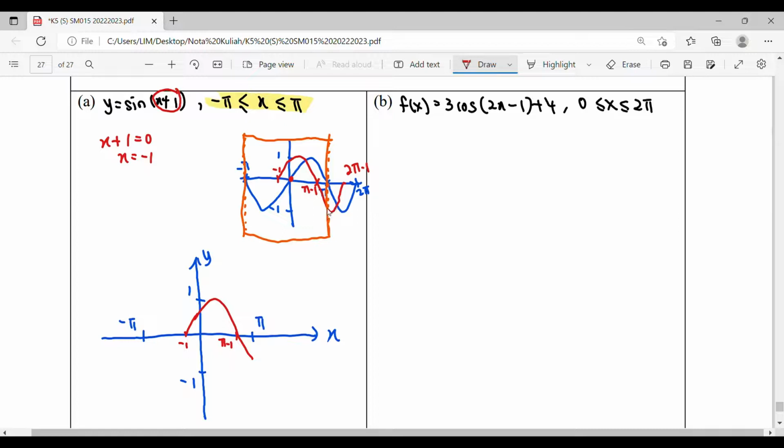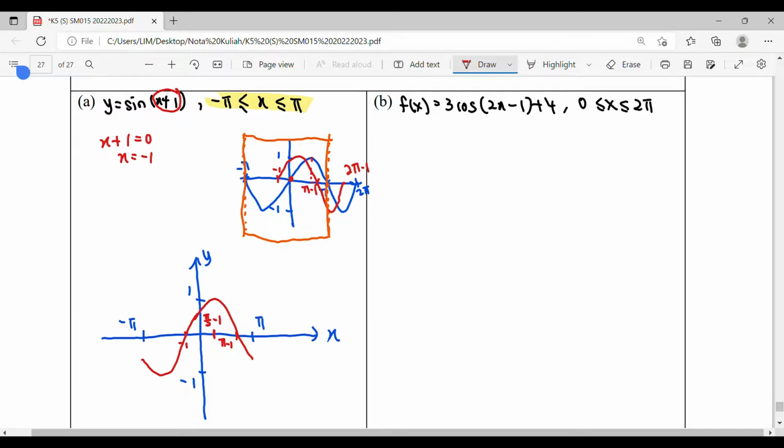The maximum here should originally be at pi over 2, but it has already moved to the left 1 unit, so it will be pi over 2 minus 1. Then I repeat for the left hand side, where this graph will oscillate downward.